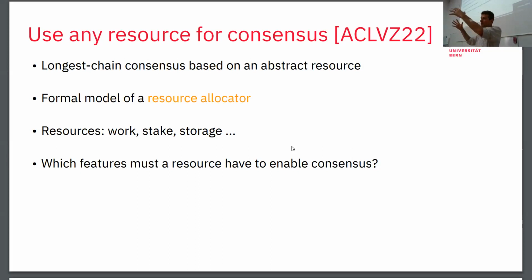So we have an abstract supply of resource, and the participants go to this cryptographic abstraction of a resource allocator that gives them a verifiable commitment to the resource, or a verifiable allocation of the resource, that they can use inside the protocol. The idea is then to show that with one protocol and the abstract resource, we can explain how it happens in all those other protocols.